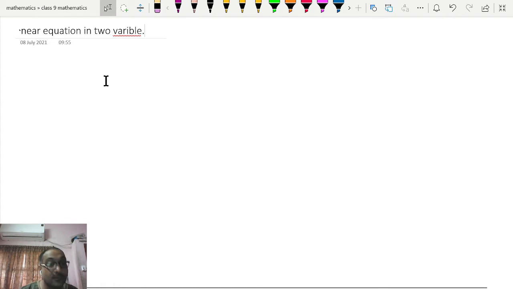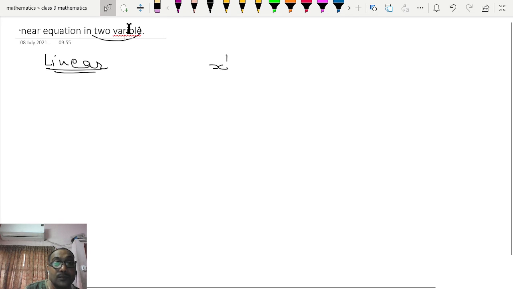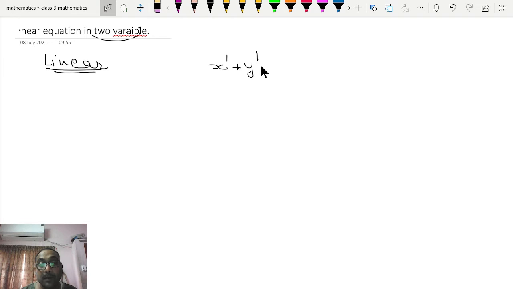See, at first, when we talk about linear, it means the degree of the power is 1. And it is in two variables, meaning x to the power 1 plus y to the power 1, and there is an equation also.